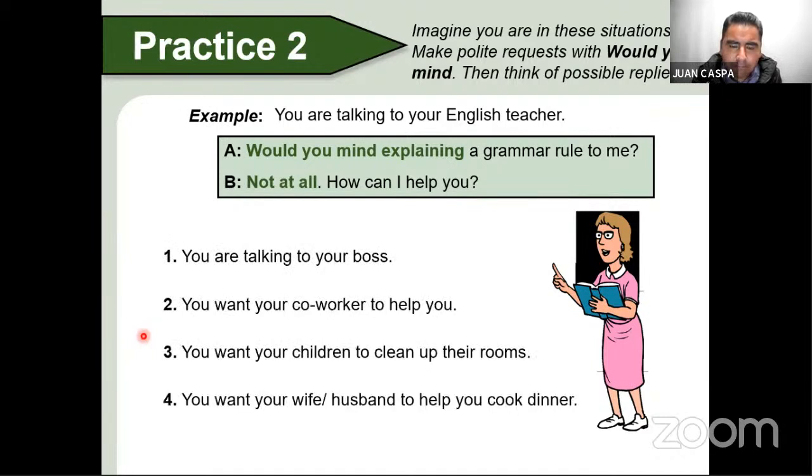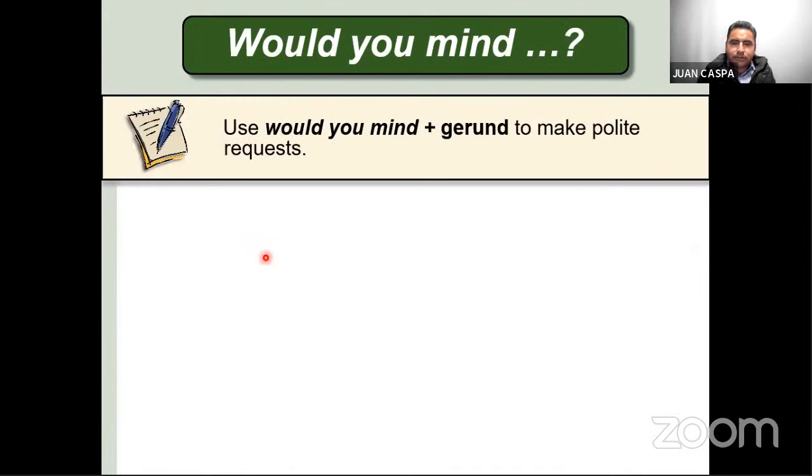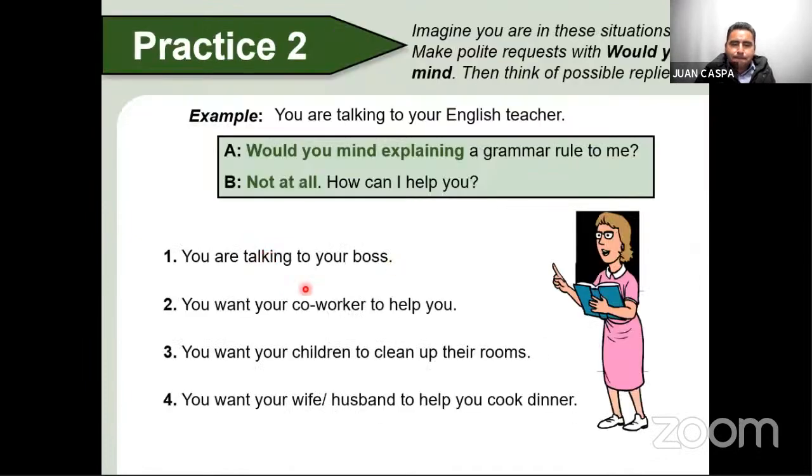Okay. But this is, you're talking to your boss. You are in this situation. ¿Cómo podrías hacer un ejemplo si le pides a tu jefe, digamos? So you can do something there. Oh, sorry. Just work with two. Choose one.